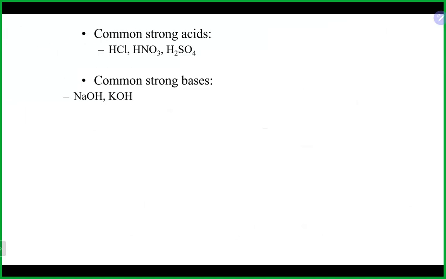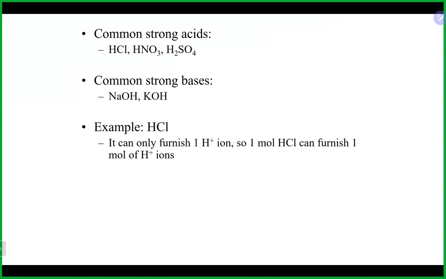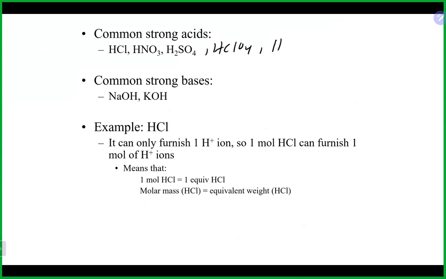Common strong acids, as we talked about, are hydrochloric acid, nitric acid, and sulfuric acid. By the way, perchloric acid is another strong acid, and hydrobromic acid and hydroiodic acid are also strong acids.